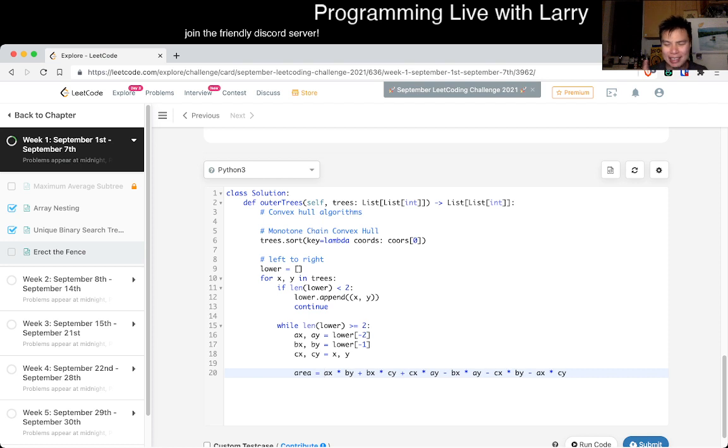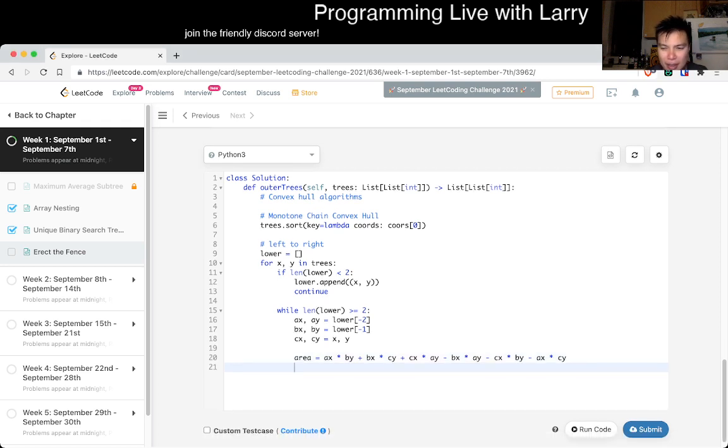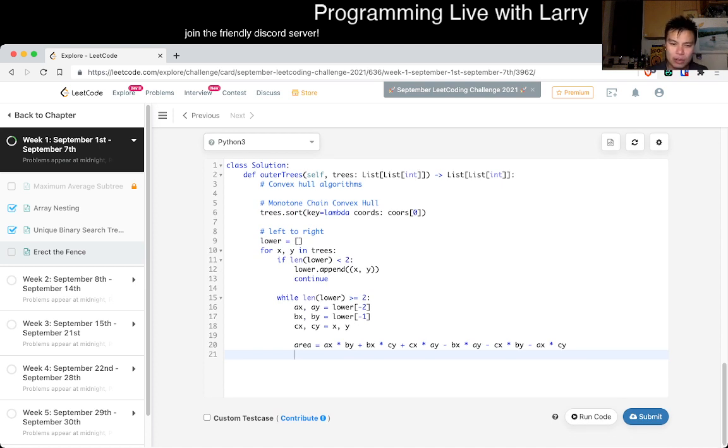And to be honest, I don't remember whether this should be positive or negative for this one, so I guess it doesn't really matter. Either we get the upper or the lower. Okay, now what do we want to do?